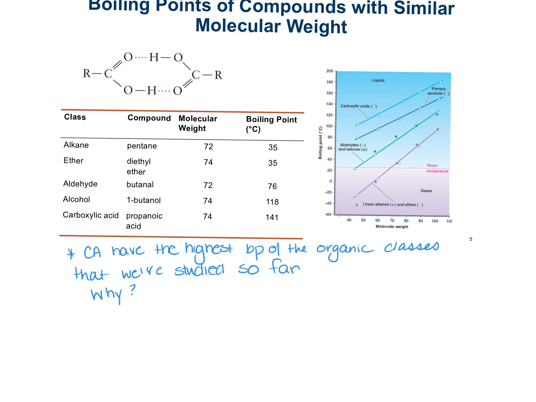Well, one of the things that is special about it is that carboxylic acids will form these dimers, and basically dimers are just two identical molecules that are bonded together. And those hydrogen bonds between those COOH groups cause really high boiling points.